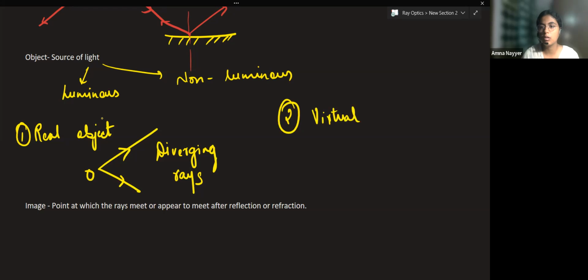Virtual object. Now, what is meant by this? Suppose, let's say, this is an actual object that is kept in space. Fine. There's a mirror, and I'm able to see the image of it. Now, because I have kept another mirror over here, what will happen?